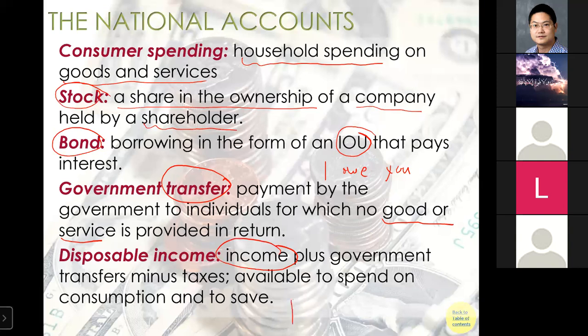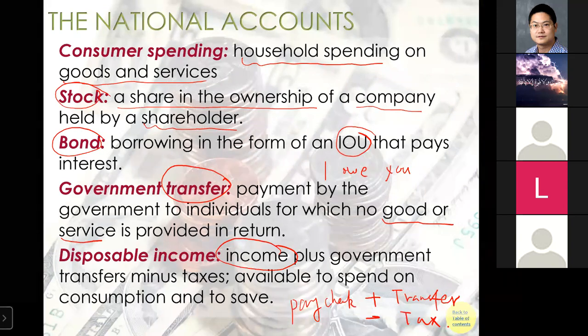So essentially your paycheck plus transfer from the government minus taxes. Transfer is essentially the payment by the government with no goods and services provided in return. The example I just gave you is the unemployment insurance benefit.